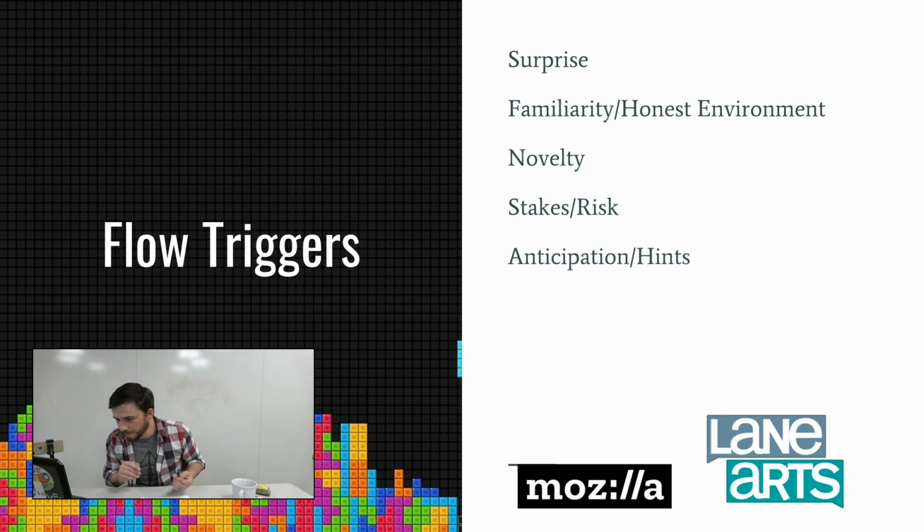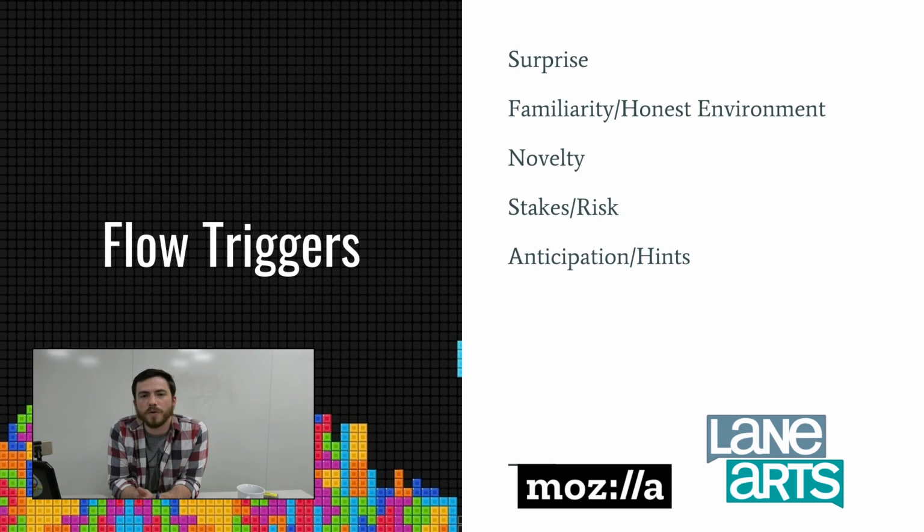Okay. The next one here is anticipation and hints. So my tie was kind of this kind of thing, this idea that I do know what's going on, I do know what's coming next, but also putting it out there and knowing that everything they're doing is building up to something. That's what I'm talking about when I talk about momentum.